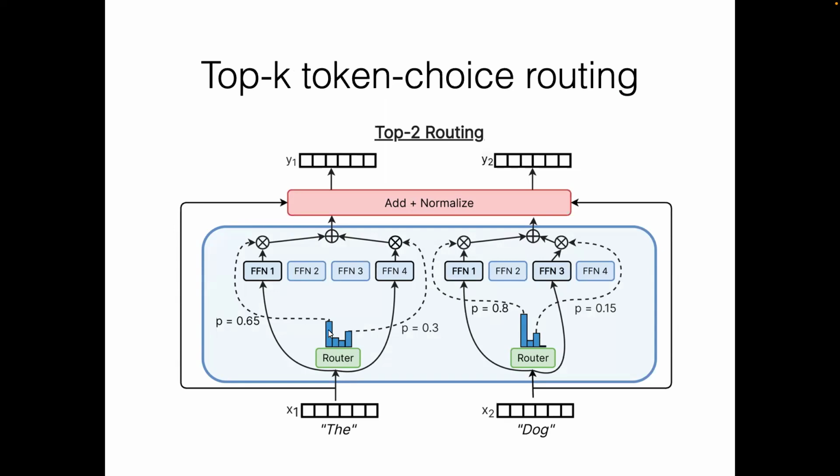So now you have expert number 1 with 0.65 probability, expert number 4 with 0.3, and the other ones collectively have 0.05. So these will be the top 2, and you'll route the token to these experts. Again, just to emphasize, this is per token, so the routing decisions can change based on the token.